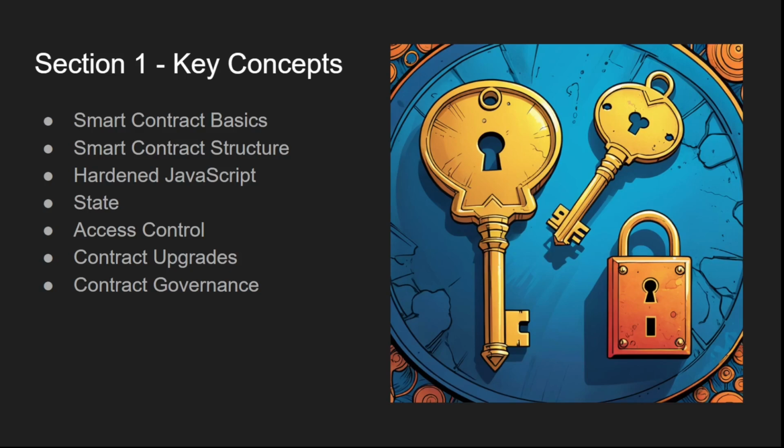And finally, we'll cover contract governance, which allows for decentralized control and executive decision-making over running contracts, ensuring they remain flexible and adaptive to changing needs. This first section is designed to provide you with a comprehensive understanding of these key concepts, laying the foundation for working effectively with Agoric. Let's begin with an introduction to the basics of smart contracts.